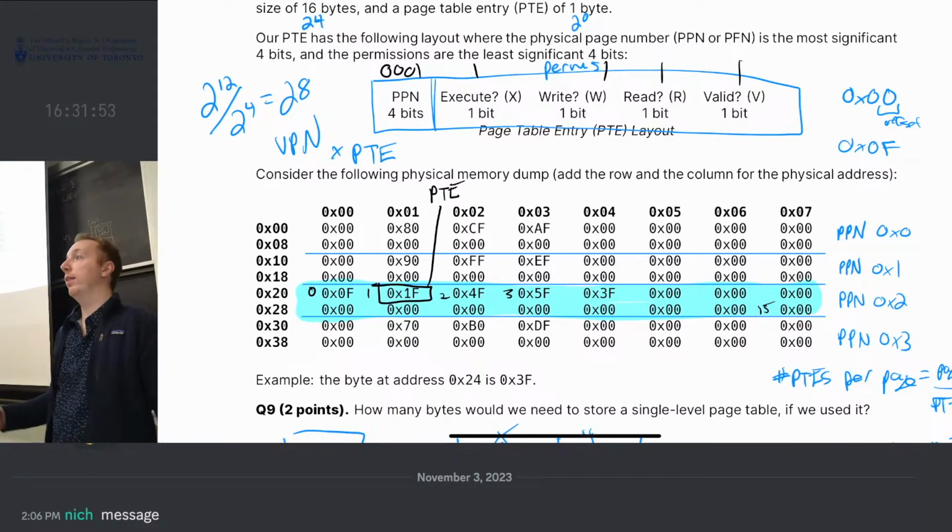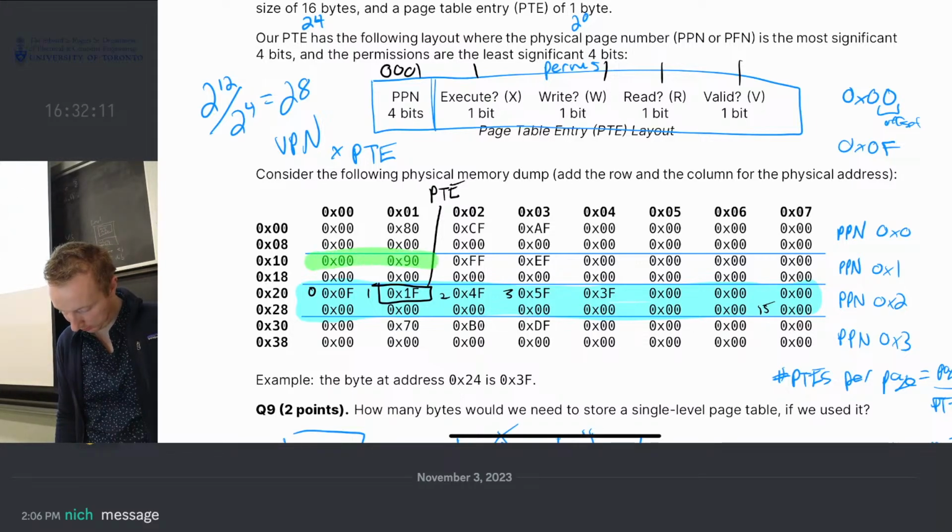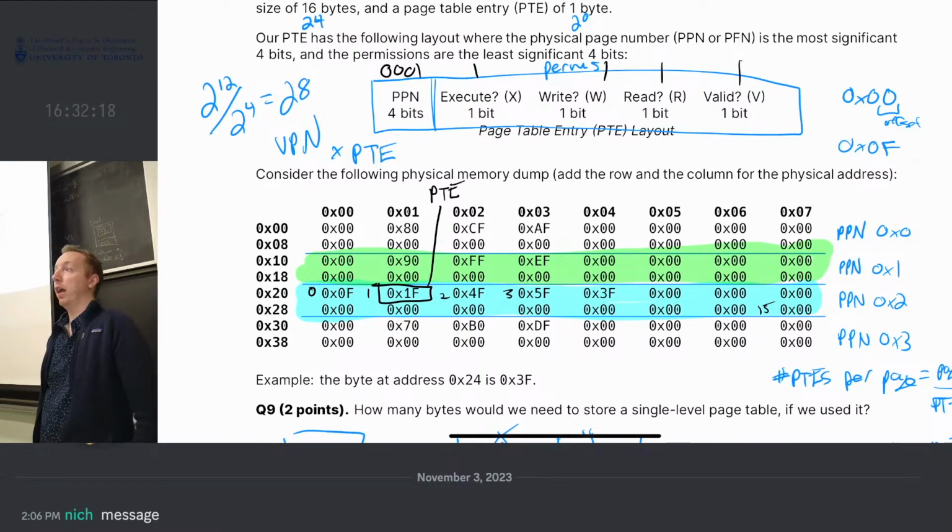And since this is an entry in our L1 page table, what does the PPN tell us? Is that the PPN of this virtual address? No, it's the PPN of L0. So that means, let's highlight it in green, that these 16 bytes represent our L0 page table, right?